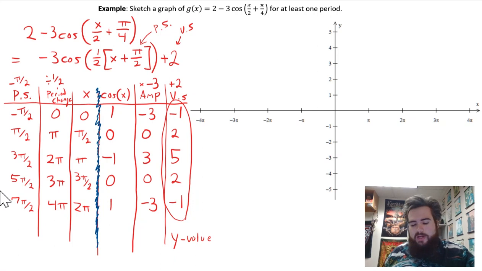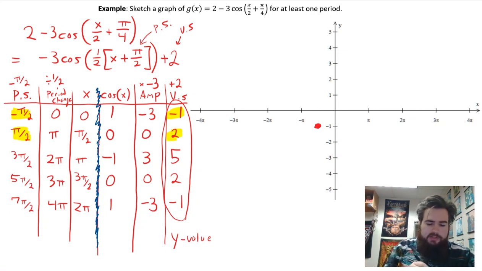With these values, we can now create our graph. Starting with my first pair of coordinates, I have negative pi halves and negative 1. Negative pi halves is between 0 and negative pi, so that puts me about here. My second coordinate is pi halves and 2.